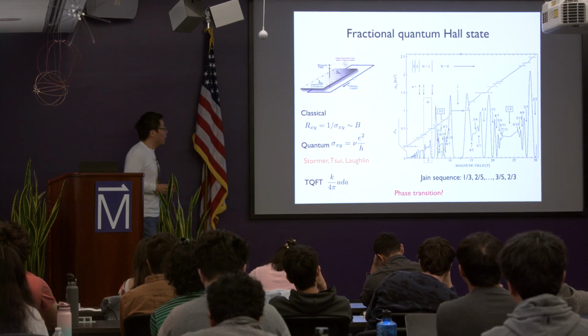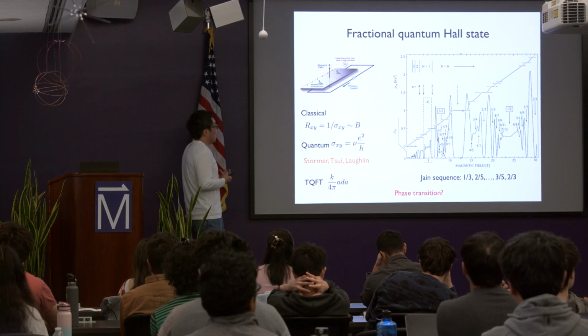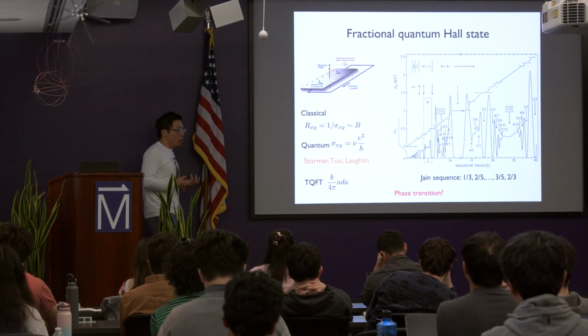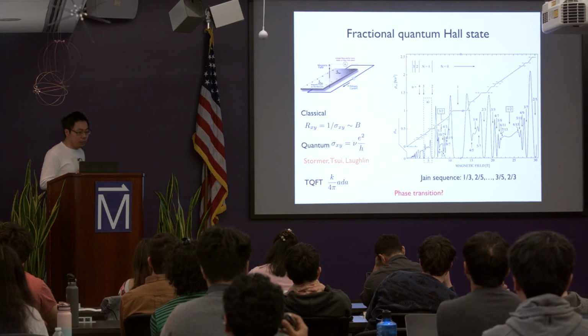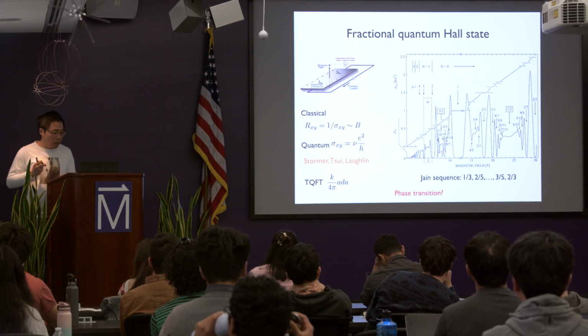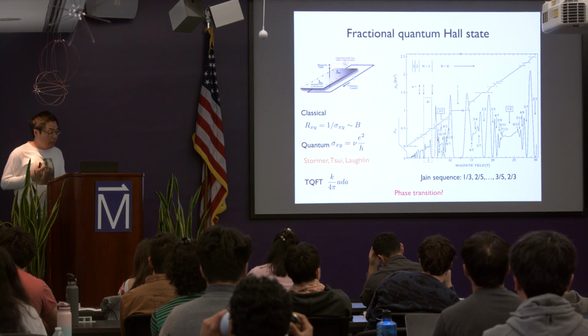For phase transitions in quantum Hall, disorder in fact plays a crucial role, and that's not the type of phase transition I'm going to focus on. Instead, I will look at phase transitions without disorder, in the clean limit.